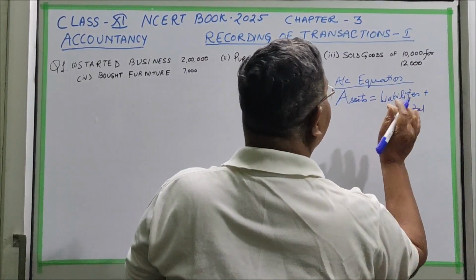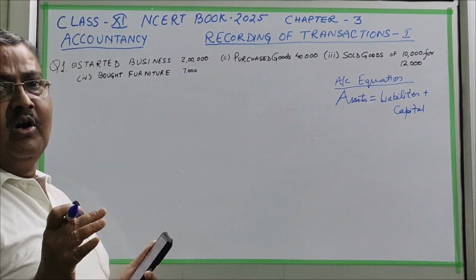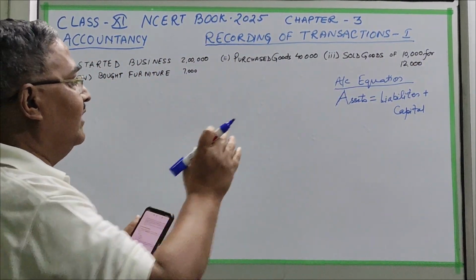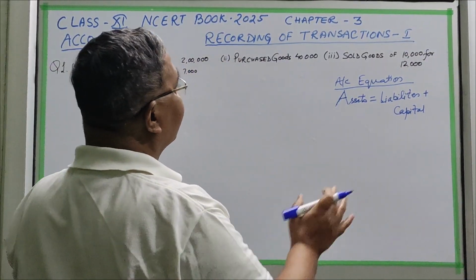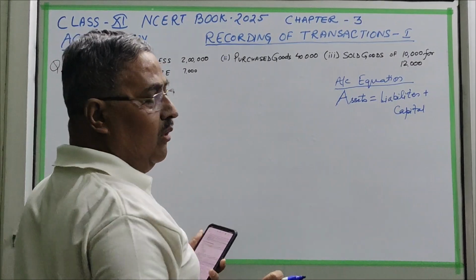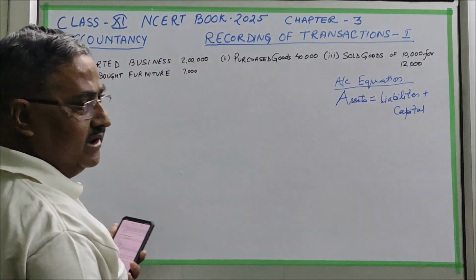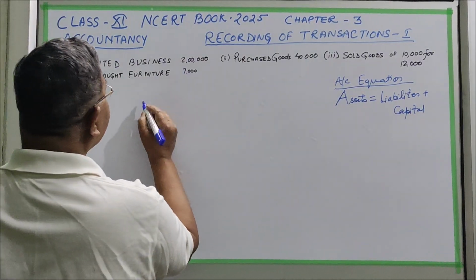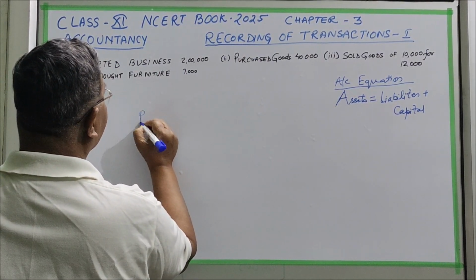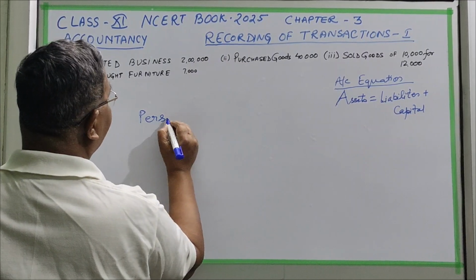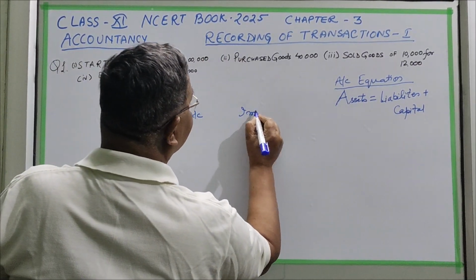Based on it, whatever transactions we will be doing, it will be on 2 sides, either this side or this side, debit. So for this purpose we divide all the accounts, whatever type of accounts we are having, among 2 types. One is personal account, or other is impersonal account.